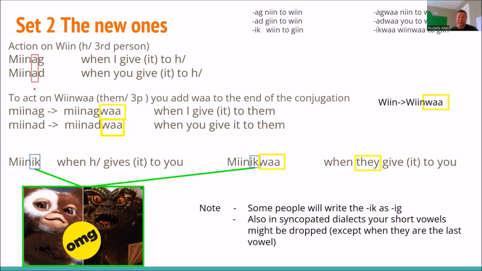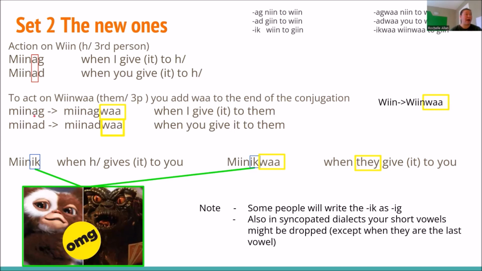When we're doing these, we can also do the plurals. So rather than just to third person, we can say to them, to third person plural, weenawa. And what I think of is when we're taking it from ween to weenawa, we're adding this wa to our conjugations. So meenugwa comes from meenug.